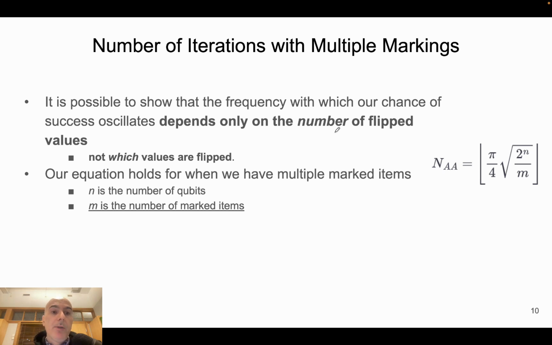It's possible to show that the frequency with which our chance of success oscillates depends only on the number of flipped values and, obviously, on the number of qubits, and we can get an analogous equation for the number of amplitude amplification iterations that we need to apply for multiple flipped values. In this case, we also have m at the denominator, that is the number of marked items.